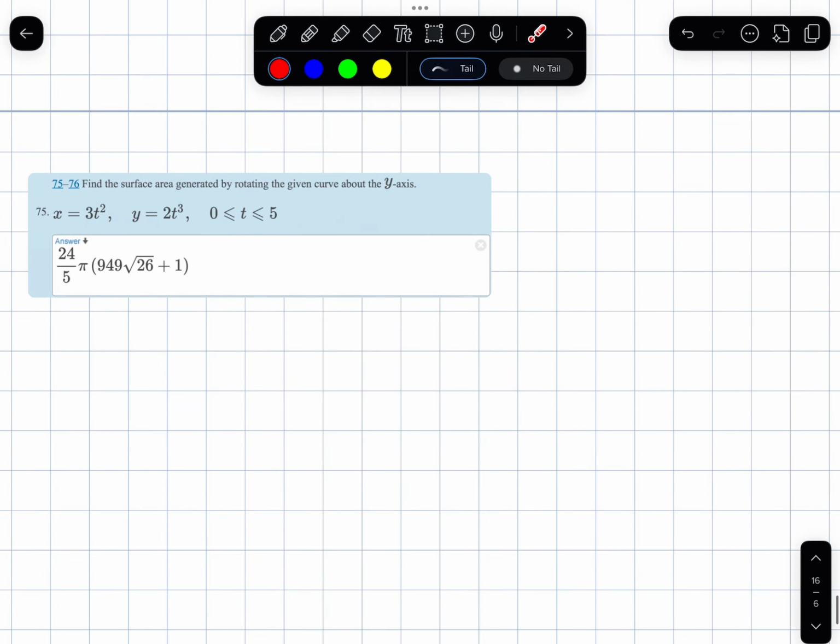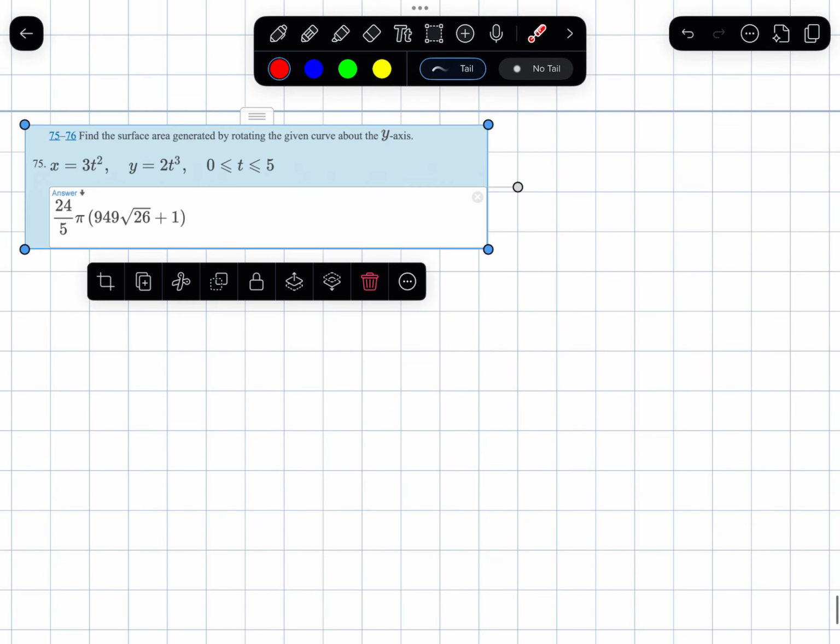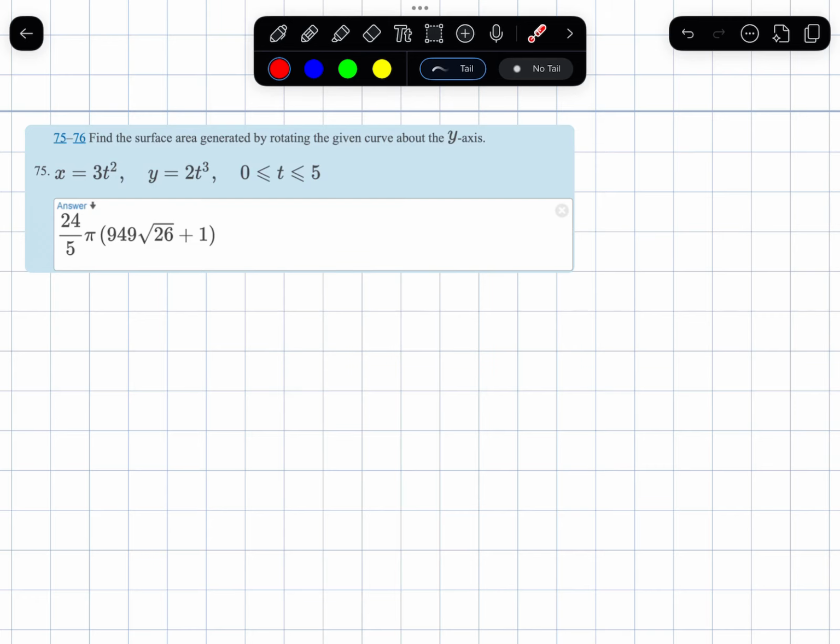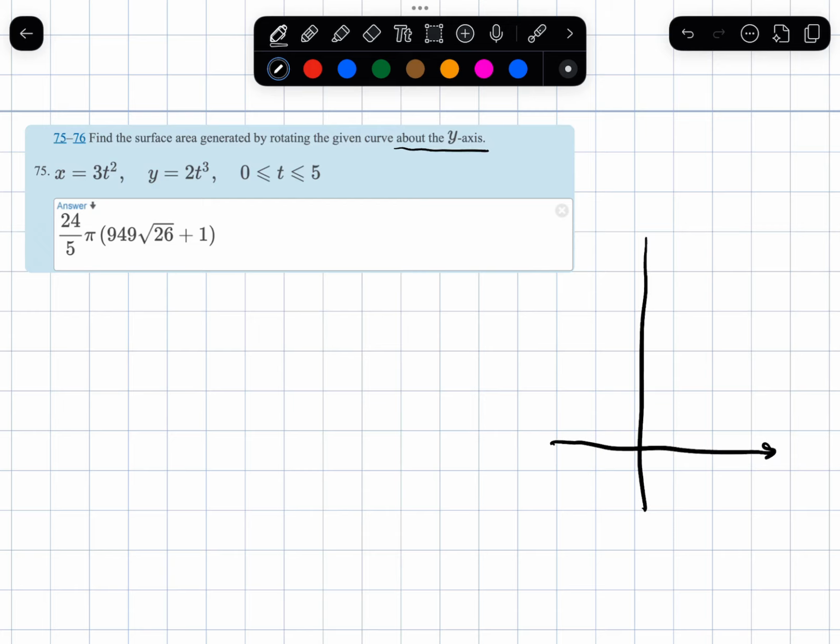Now, this one I'm not going to solve. I'll just set it up. Note that the difference here is that you have a curve rotated about the y-axis. So now the shape is a little different. And the curve gets rotated like this. So now the radius is no longer y.